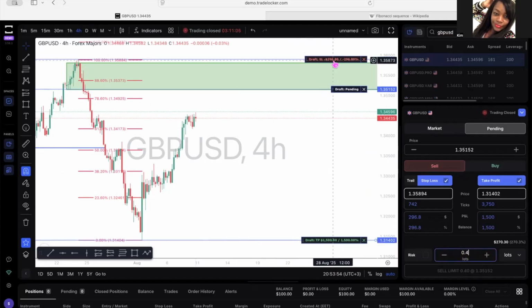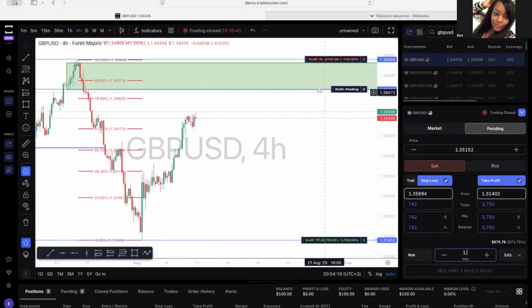You're either going to lose 296 or you're going to gain 1500. If you gain 1500, you're now at $1900, right? So once you get to $1900, we're starting to get up to the standard lot size. You're either going to lose 740.